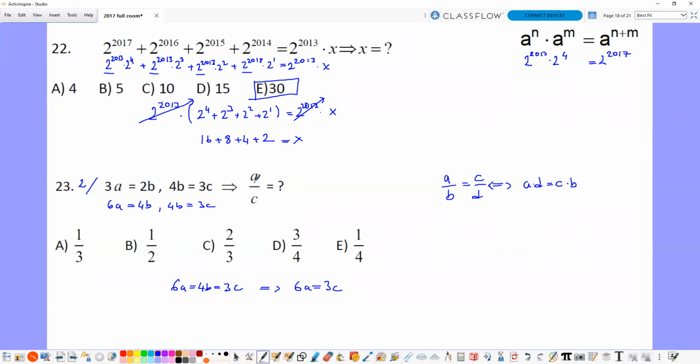Because I need this one as a fraction. So I'm going to send c to this side, which becomes a over c, and 6 to the other side, which is 3 over 6. So a over c is equal to 3 over 6, and that's also equal, when you simplify by 2, to 1 over 2. And the answer is B.